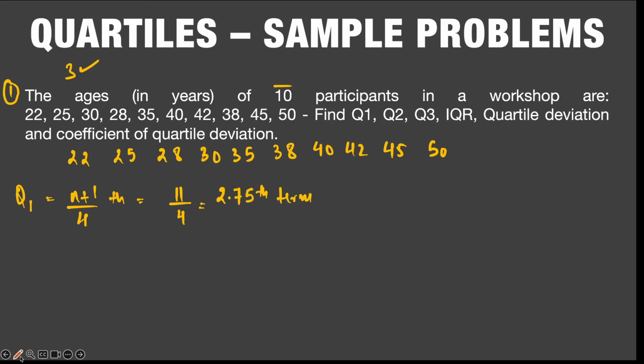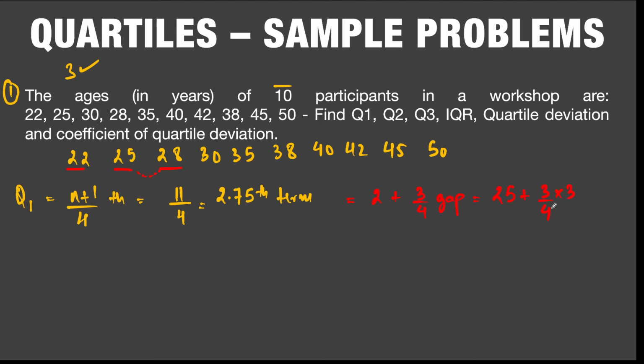When I say the 2.75th term, I mean the second term plus 3/4 of the gap between the next two terms. The second term is 25, plus 3/4 of the gap between 25 and 28. The gap between 25 and 28 is 3.